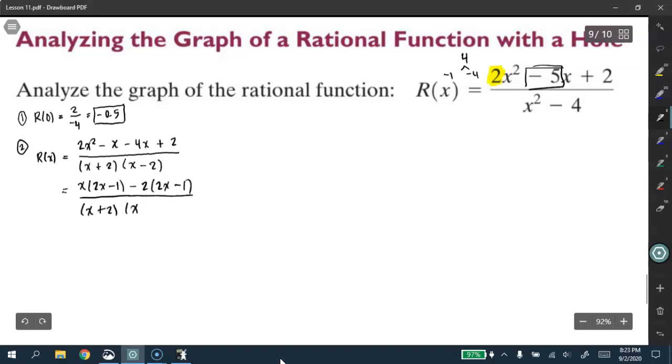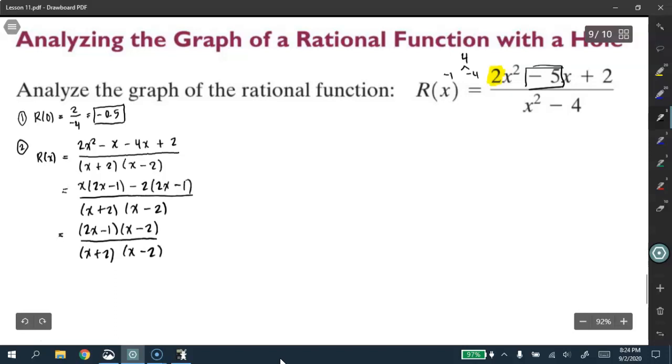And in the denominator, once again, we have x plus 2 and x minus 2. All right, now the last step is we write down 2x minus 1, x minus 2 for the numerator, and in the denominator, we have x plus 2, x minus 2.